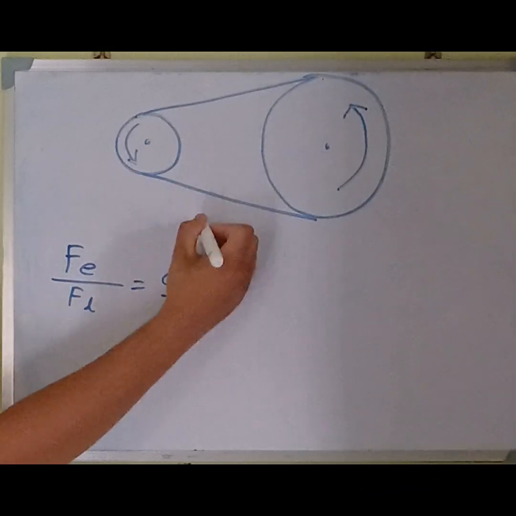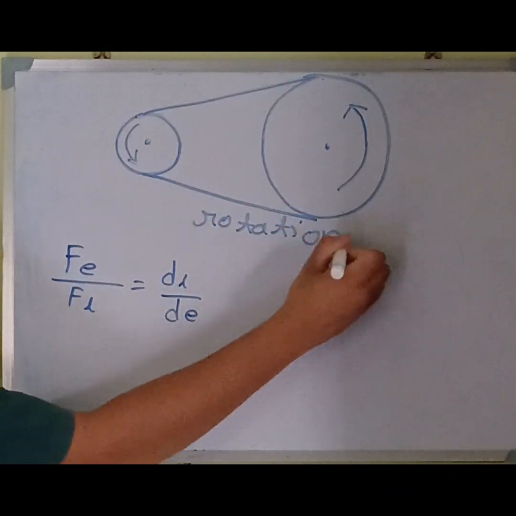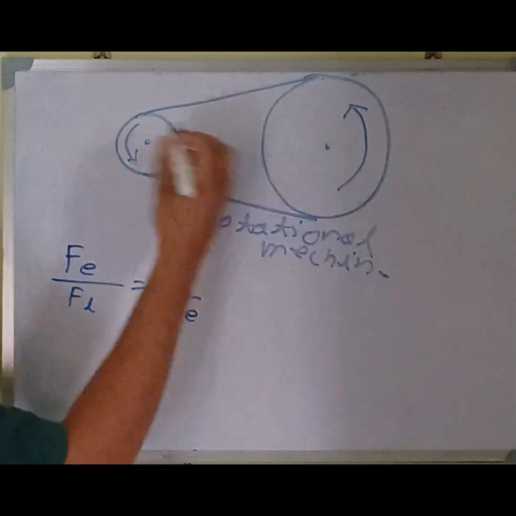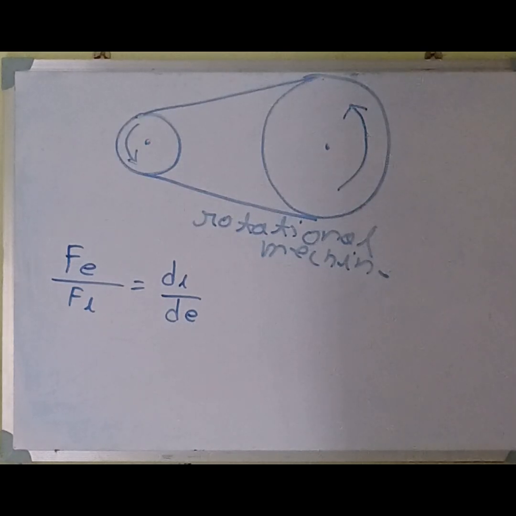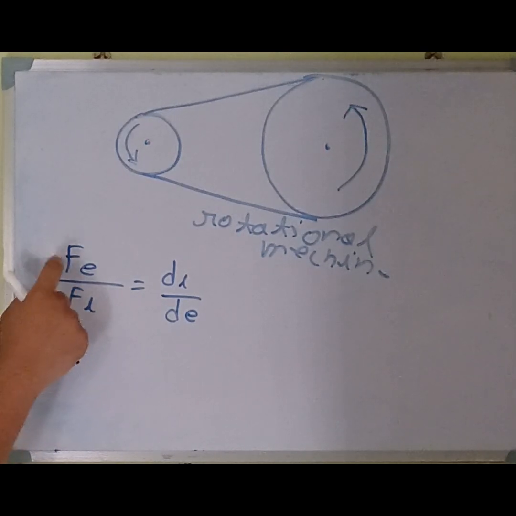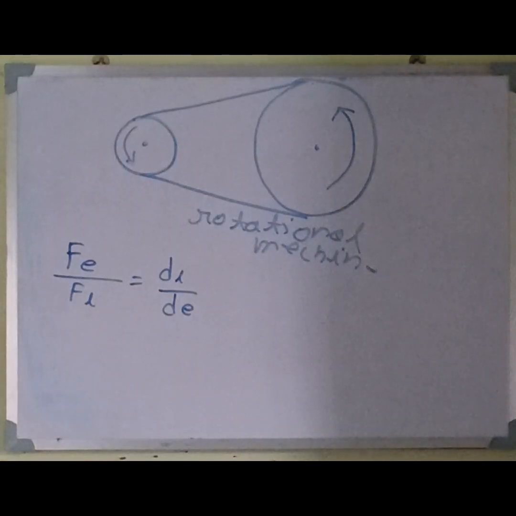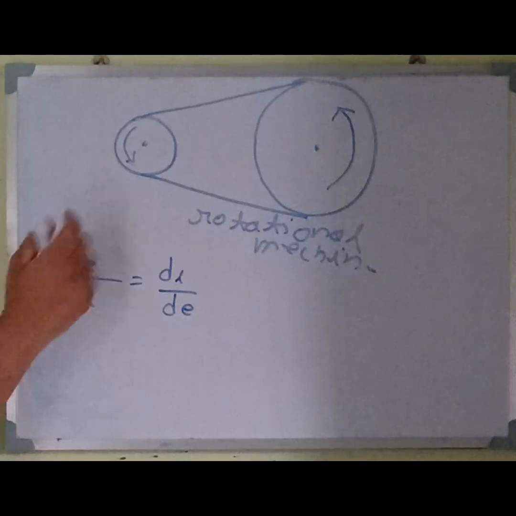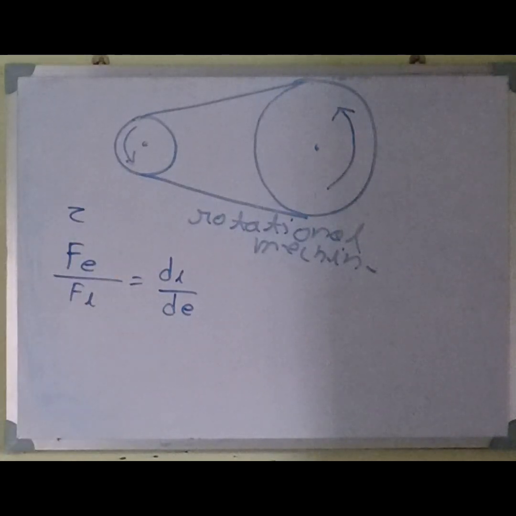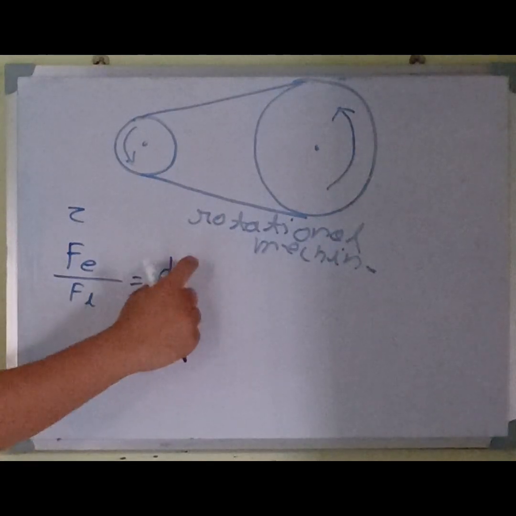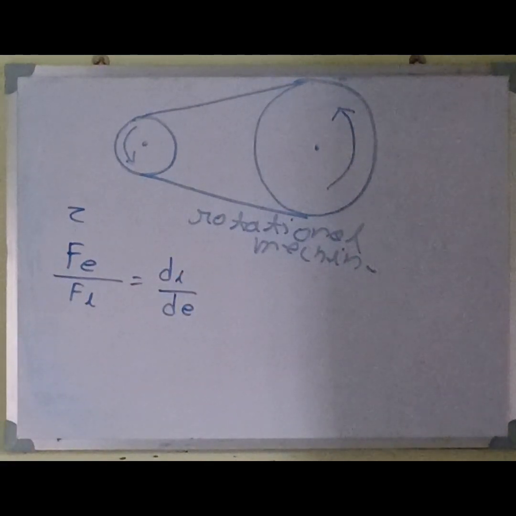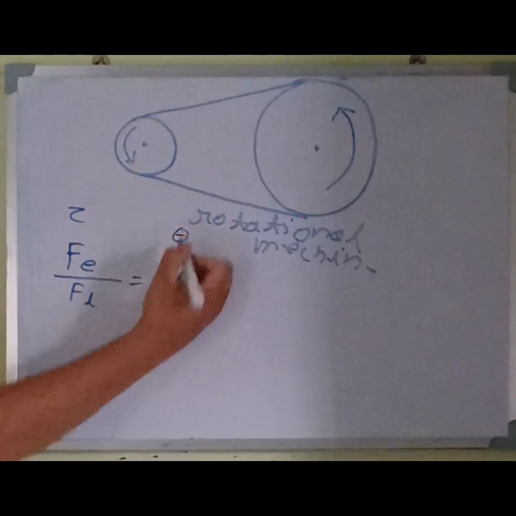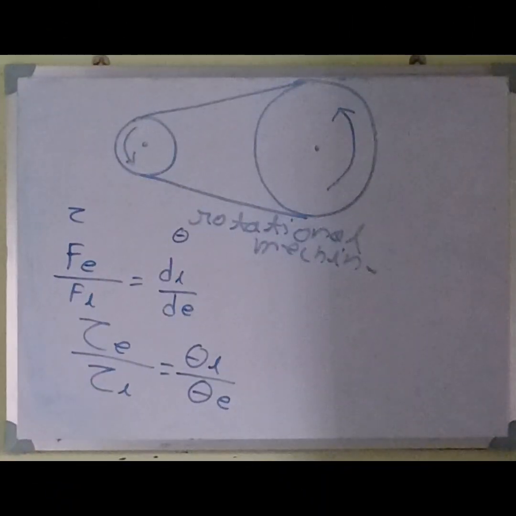Now, in the case of the machine we are discussing, we are dealing with rotational motion, right? So we can't use these linear quantities. Rather, we have to take the rotational or angular substitute of those linear quantities. Now the rotational or angular substitute of force is moment of force, that is tau, and the rotational or angular substitute of displacement is angular displacement, that is represented by theta.